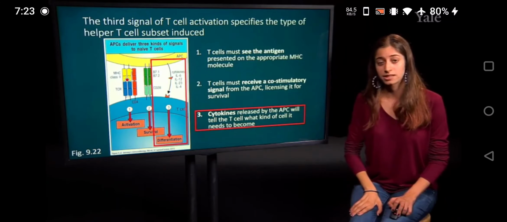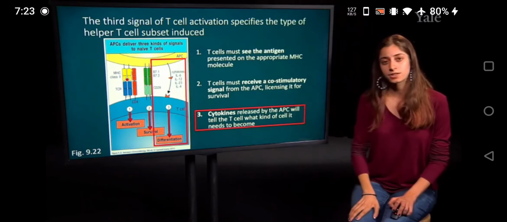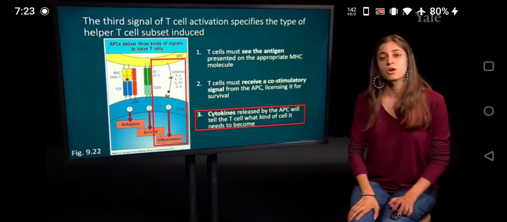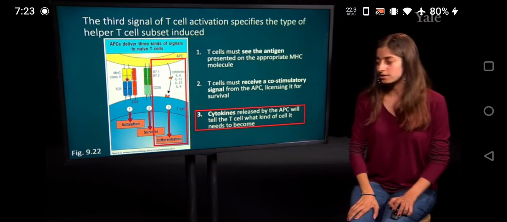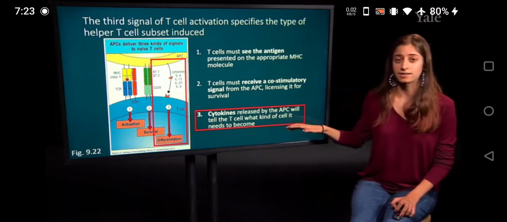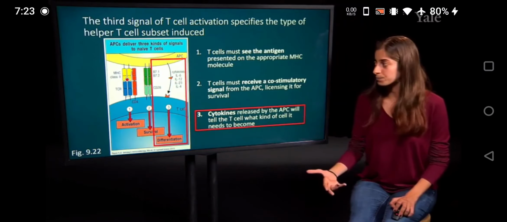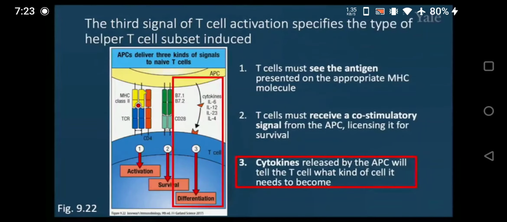Then the T cells must receive a co-stimulatory activation signal from the antigen-presenting cell. And finally, they must see a set of cytokines that will inform the T cell what kind of subset it needs to become. These can be activated by many different types of cytokines, and we'll get into how the different cytokines induce the different types of T cell subsets now.